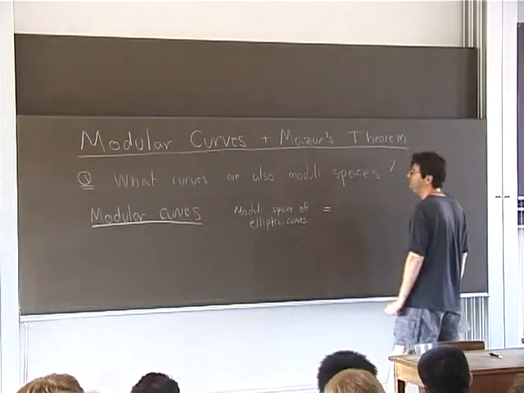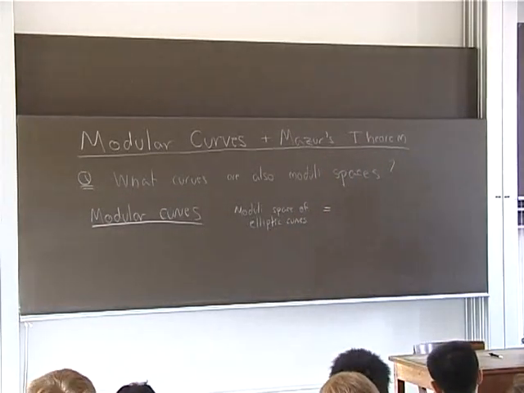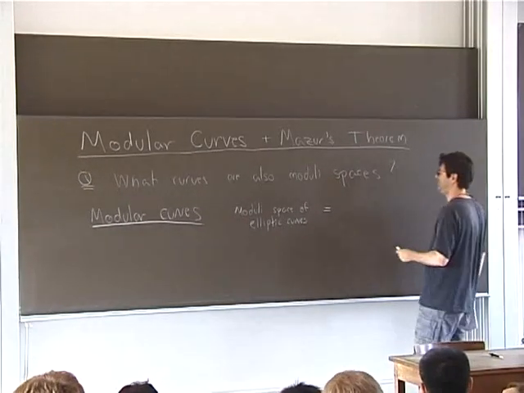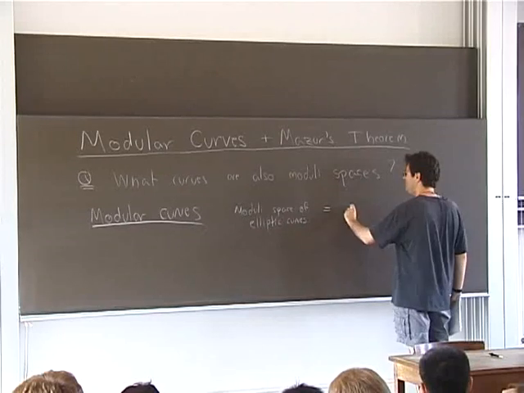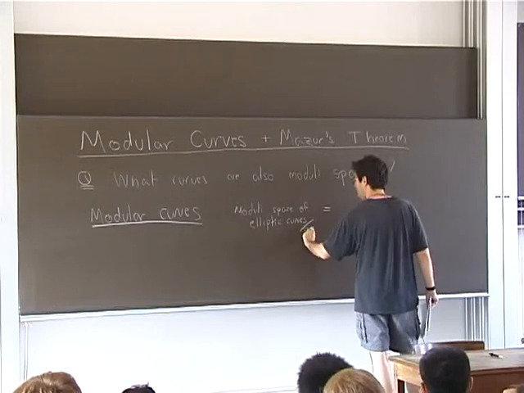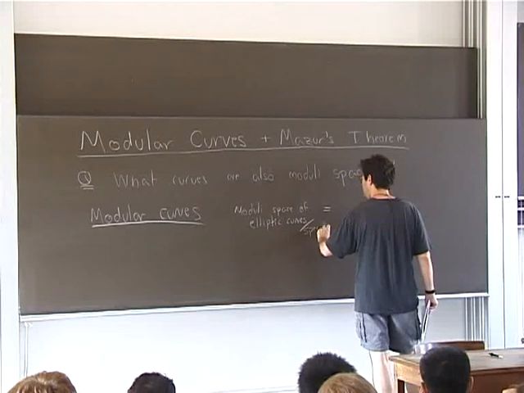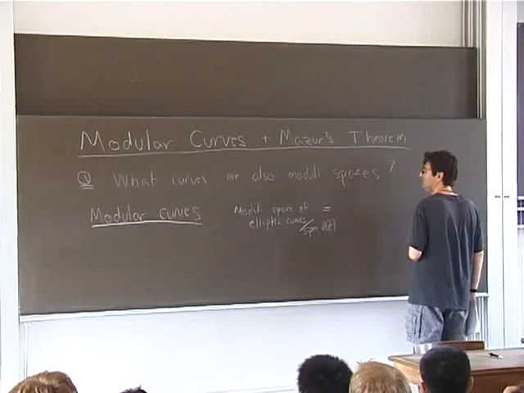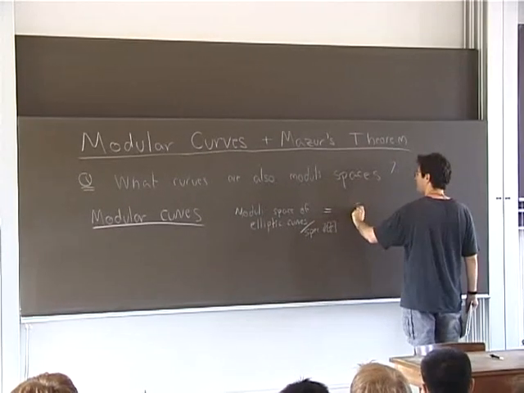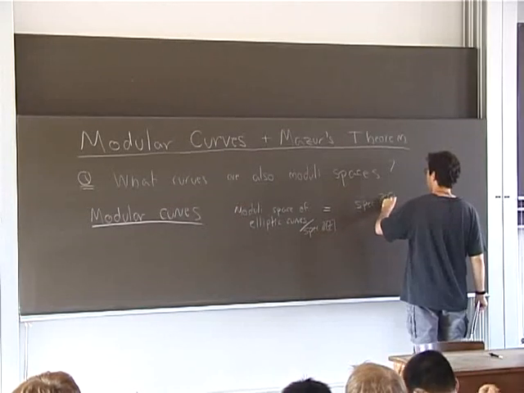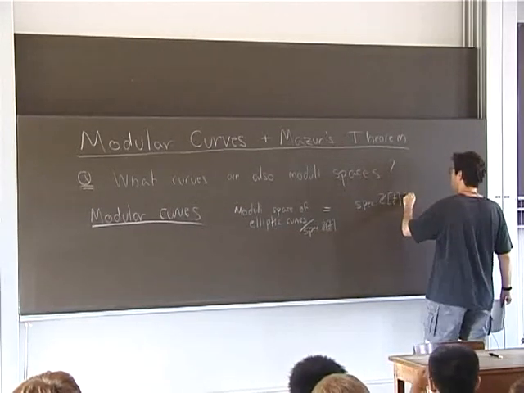Which, well, as a scheme over Z where I invert 2 and 3, so let me say over Spec Z[1/6], is equal to the Spec of Z[1/6] adjoined j.